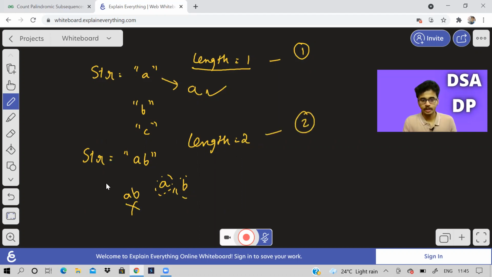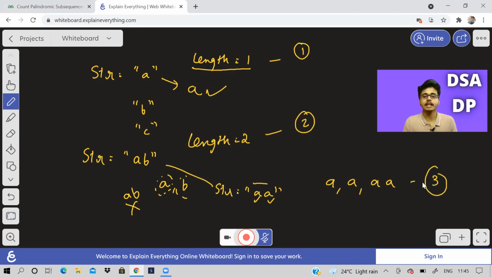But what if I have taken another string, for example, str is equal to AA? Then how many subsequences will be there? This A, then this A, and AA. Correct. So here we see that there are 3 palindromic subsequences. These are the subsequences and all are palindrome.